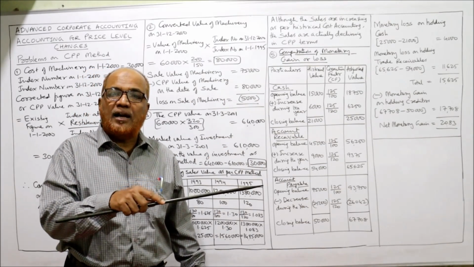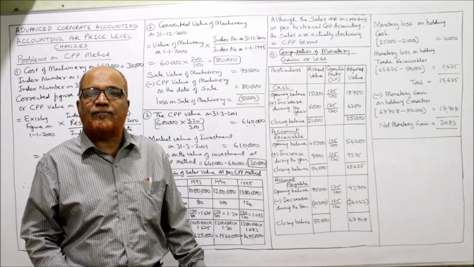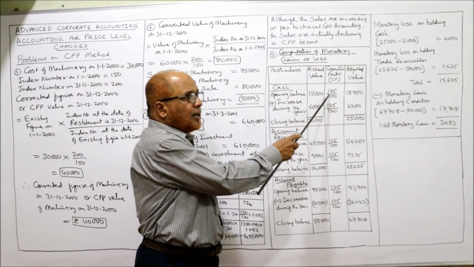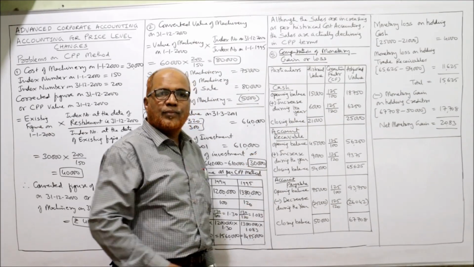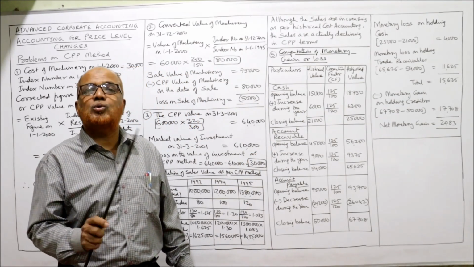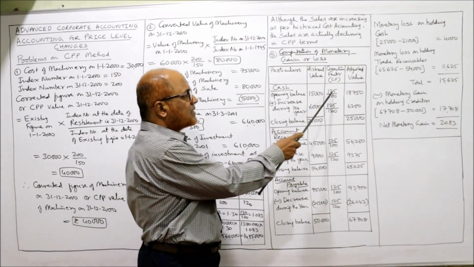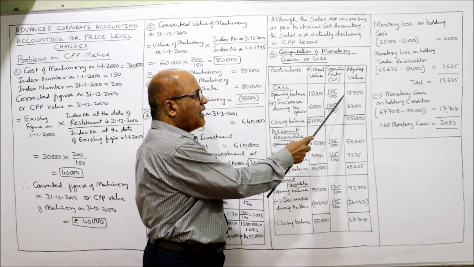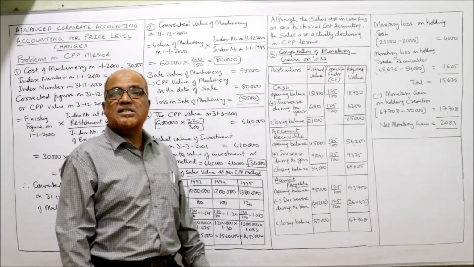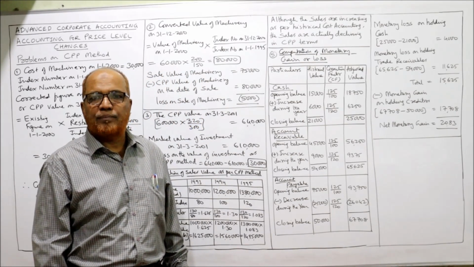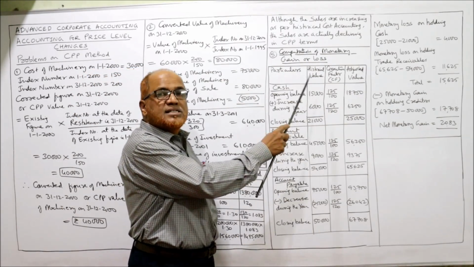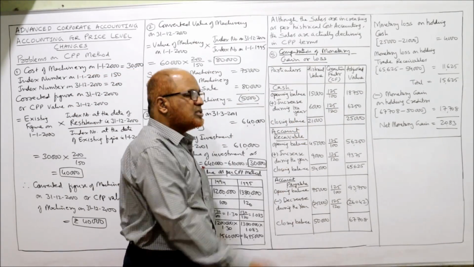So 125 by 100 is the correction factor because this is the opening balance. Opening balance means 1/4/2009. So 15,000 into 125 by 100, you'll get 18,750. Historical value of opening stock 15,000, CPP value of opening stock 18,750.